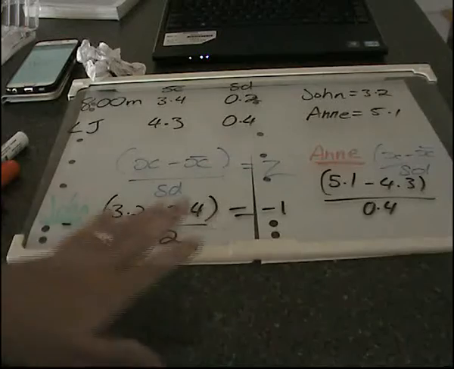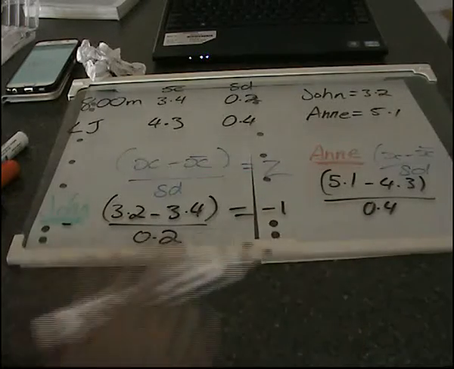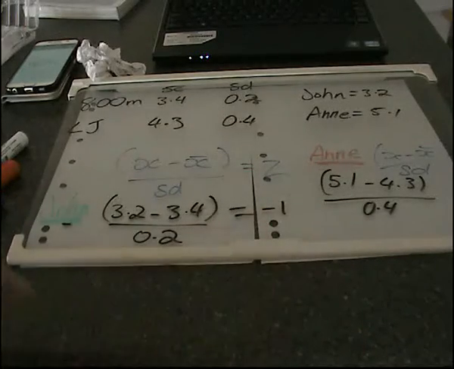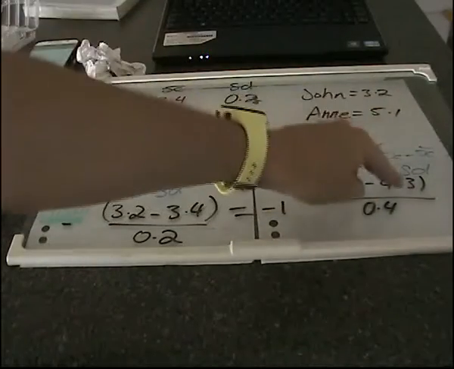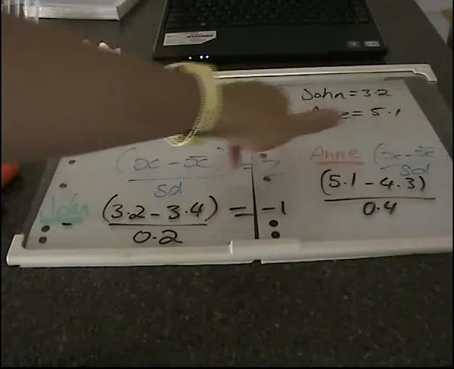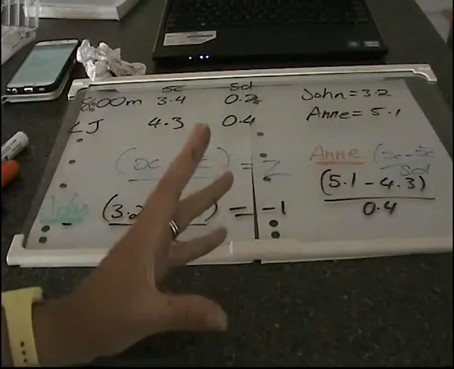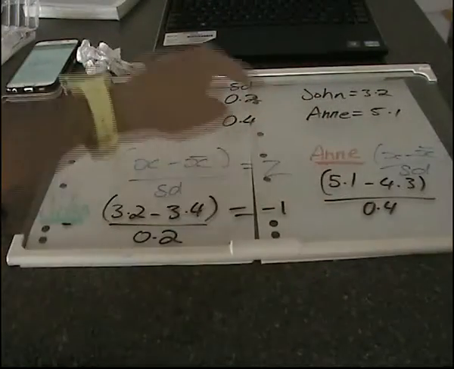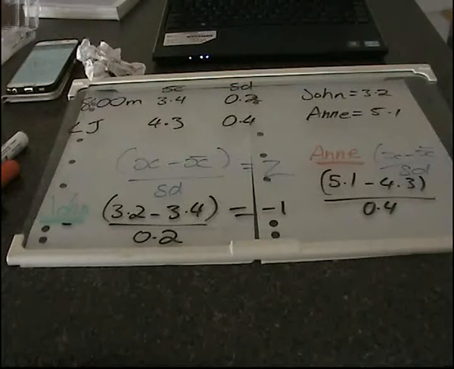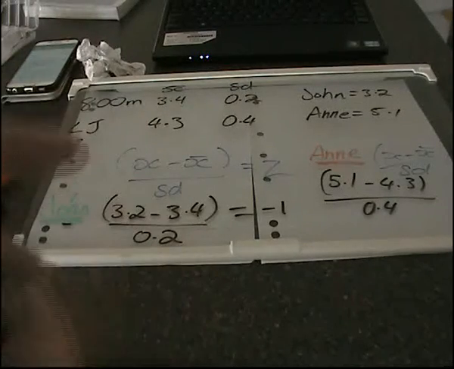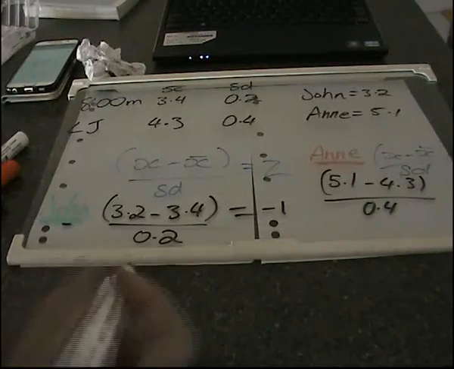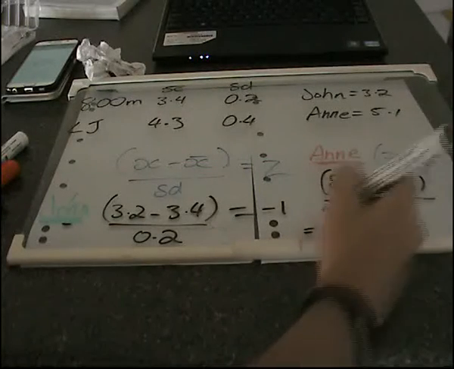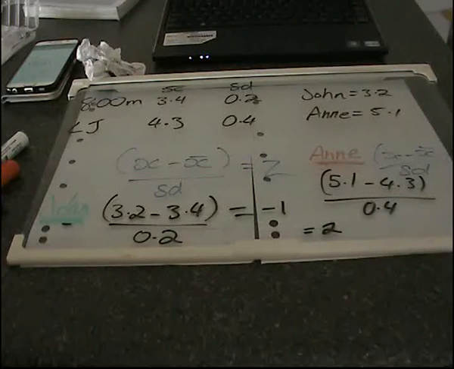Really important when you do this that you use the X bar that relates to that person's event or that person's test or whatever it is, because that's what we're comparing. We're comparing against each individual event. We're converting it to one overall score so we can compare equally. Put that into your calculator and Anne gets a score of 2.